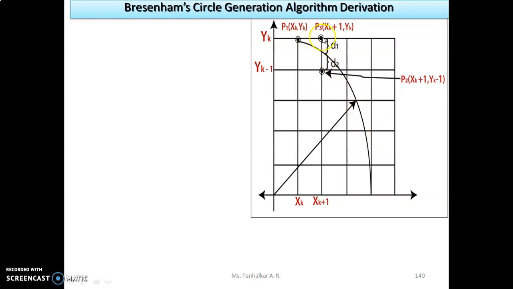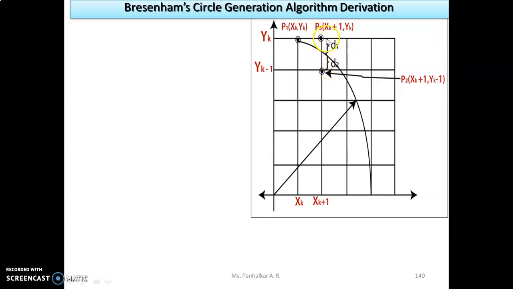So either P3 gets selected or P2 gets selected. For that purpose, it is required to find the distance between the P3 pixel and the circle line, and the P2 pixel and the circle line. Consider that the distance from the P3 pixel to the line is d1 and from the P2 pixel to the line is d2.